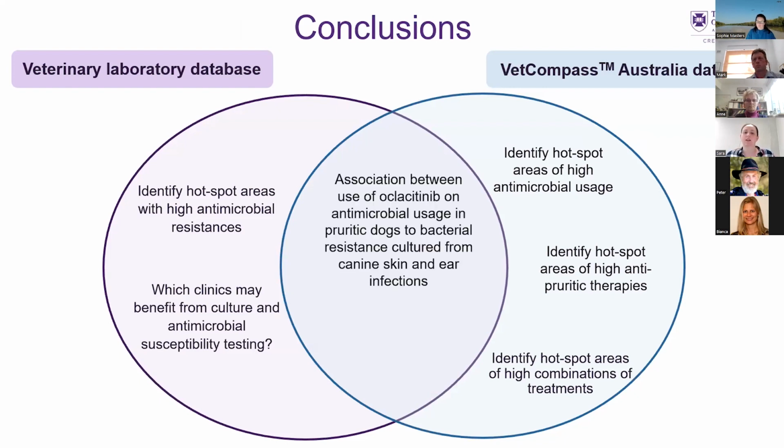And then lastly, we do hope that there is an association between the use of ofloxacin and antimicrobial usage at postcode level in pruritic dogs to the bacterial resistances cultured from those canine skin and ear infections from those same postcodes. And this may aid in targeted antimicrobial stewardship programs.